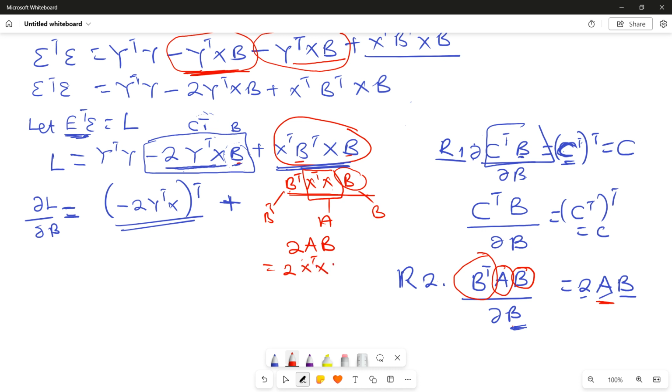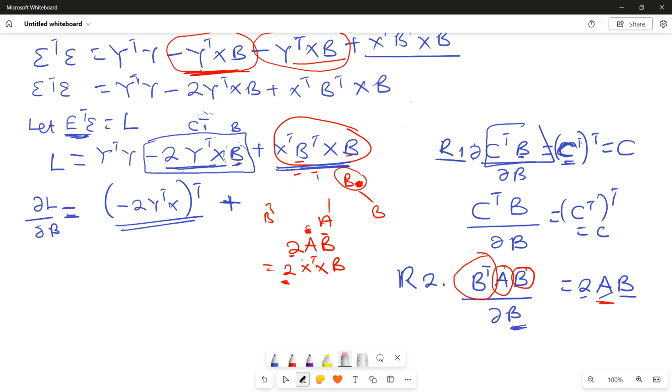Then we put back the b, because this is what the formula is telling us, that the derivative of that part should be 2x transpose x b. Where is the 2x transpose x b coming from? It's because this 2 is from the formula, then the x transpose x is the a in the formula, and this b is that b there at the end.